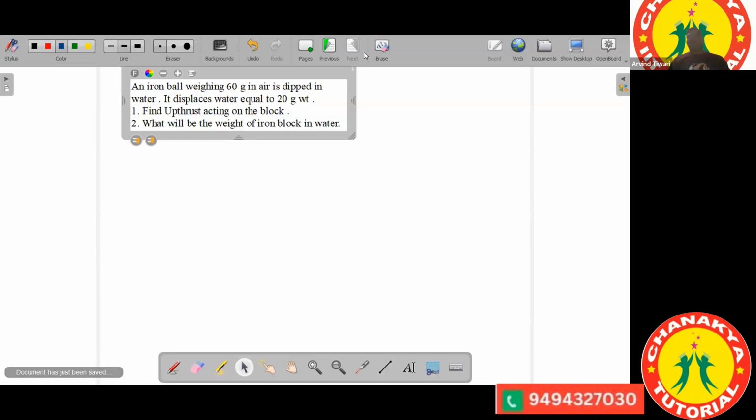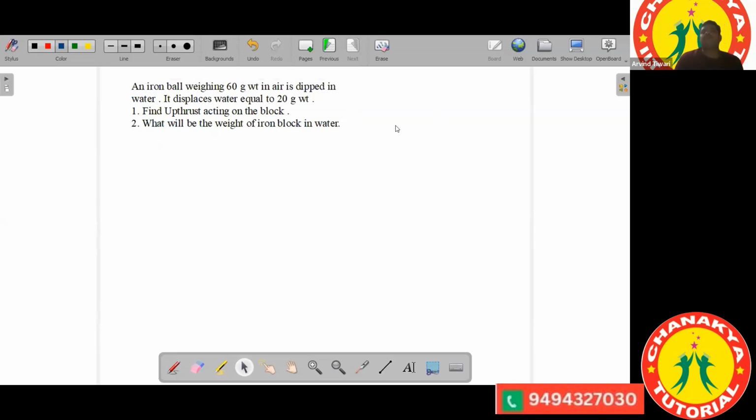So you have to find the upthrust acting on the block. Second thing, you have to find what will be the weight of the iron block in water. Okay. So this is again 60 gram weight. Think of this. I'm giving you 2 minutes to think of this, and then I will start solving with you. Think of it. What are the things that are to be done?